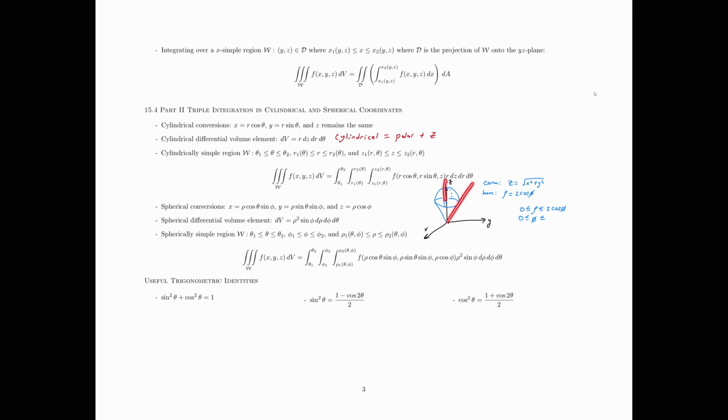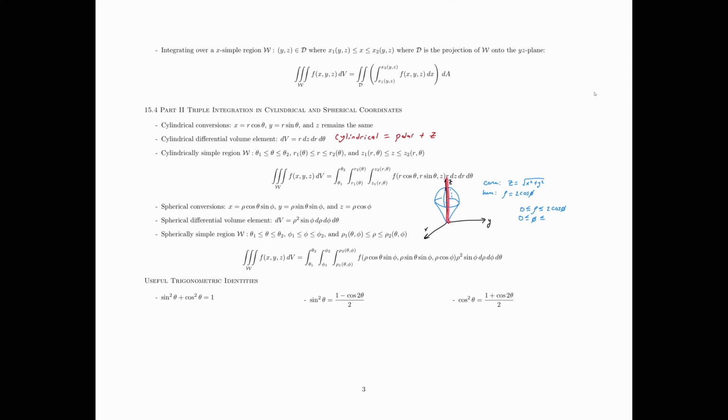This angle right here, that's the maximum value for phi. If you project this into the YZ plane, we see that this maximum angle comes from this equation. This maximum angle really doesn't have much to do with the hemisphere. It has to do with this cone.